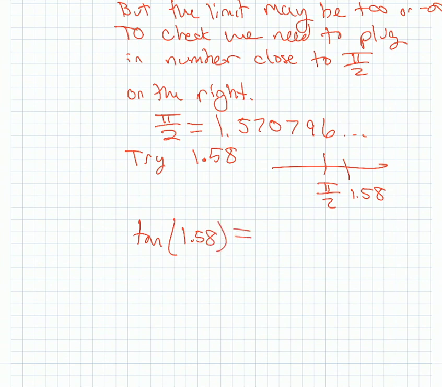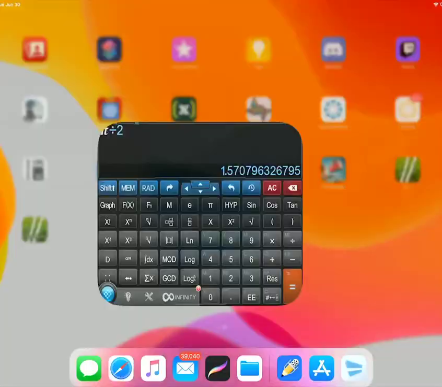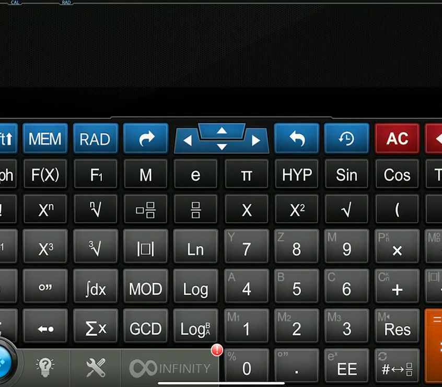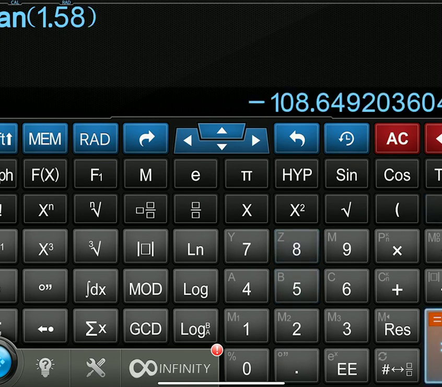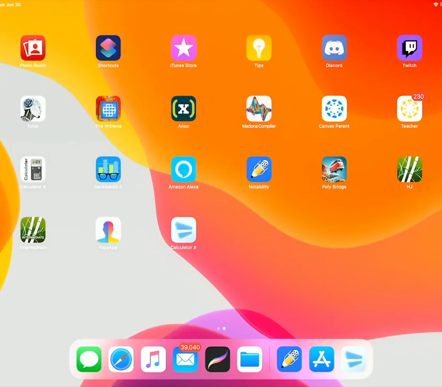Okay, we're going to grab a calculator. Guess we might as well use this one again. Tangent 1.58, enter. Negative 108.65. Negative 108.65.